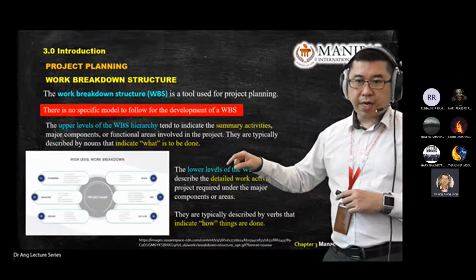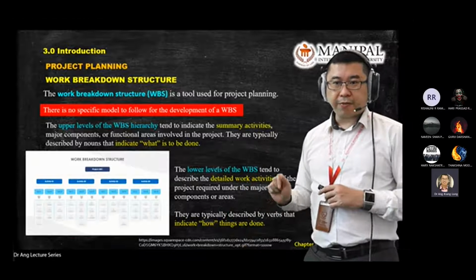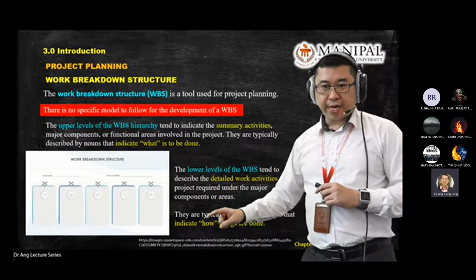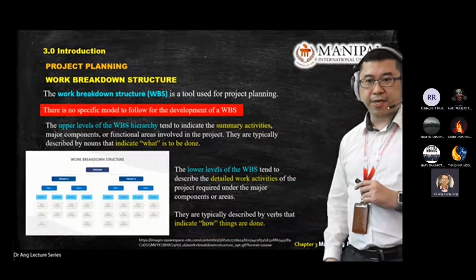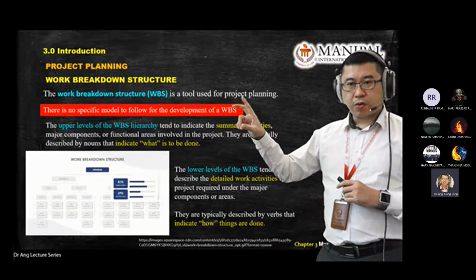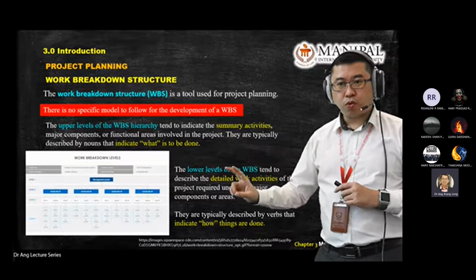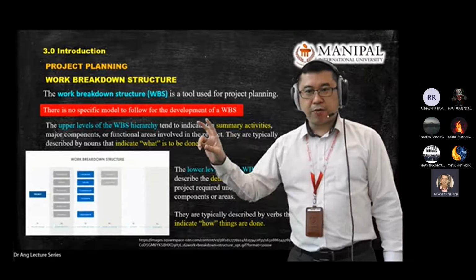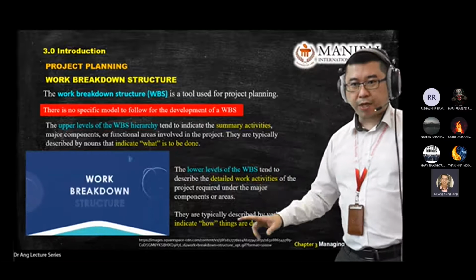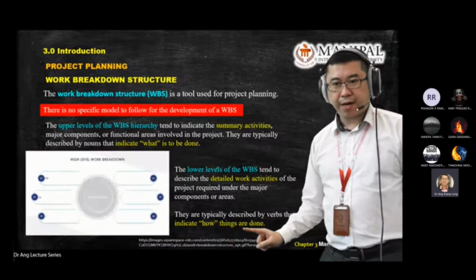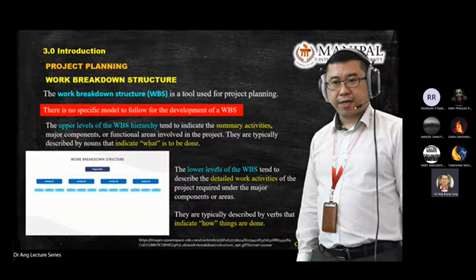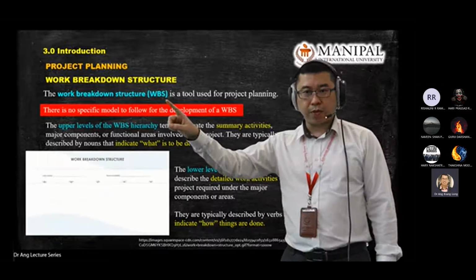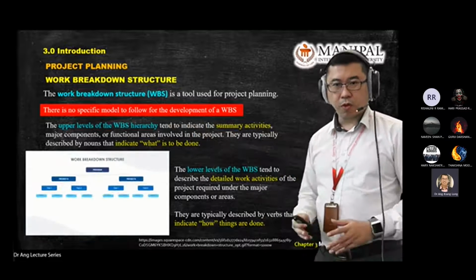Lower level of your WBS will tell you the detailed activity, usually answering the question of how it is done. So WBS has two levels. Top level is about what is to be done. Bottom level is about how the thing is done. So this is the main pattern that you can see when you look at a work breakdown structure.